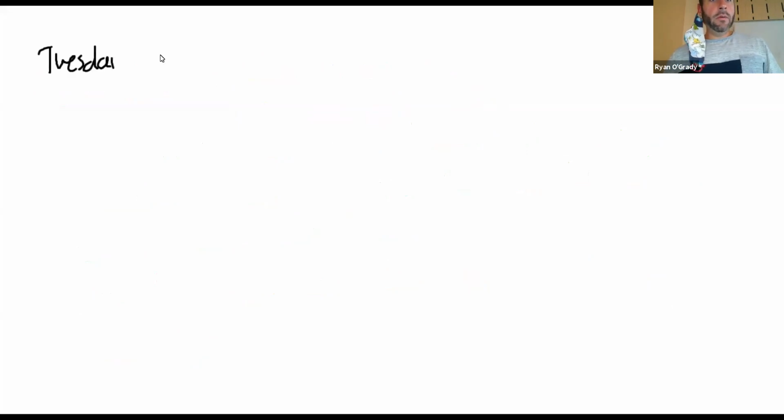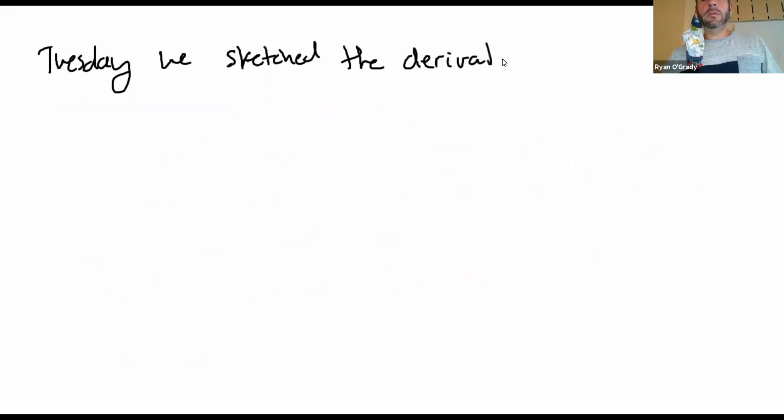So Tuesday, we sketched the derivation of the arc length formula.